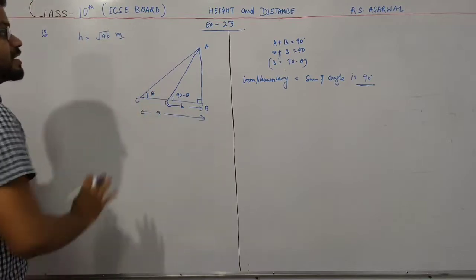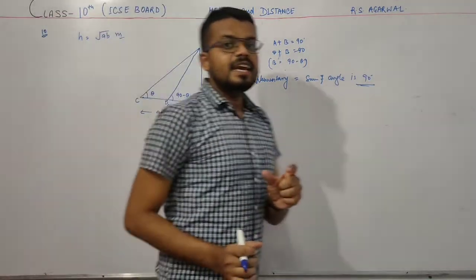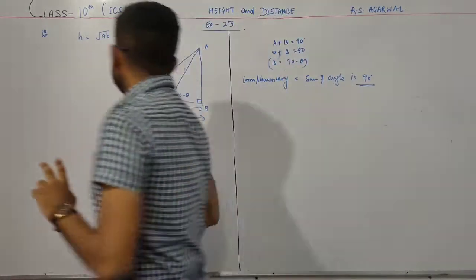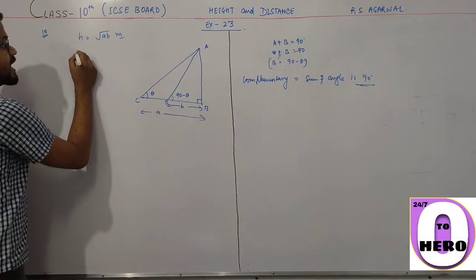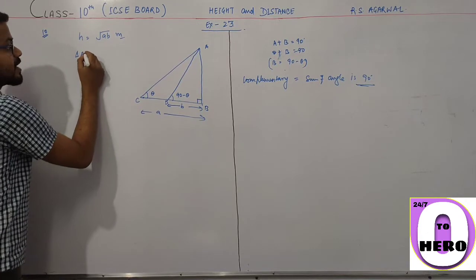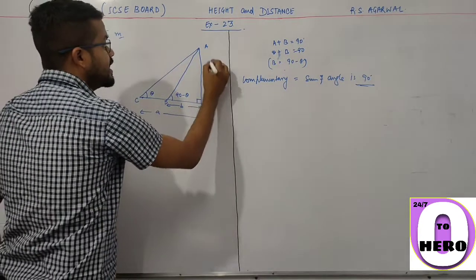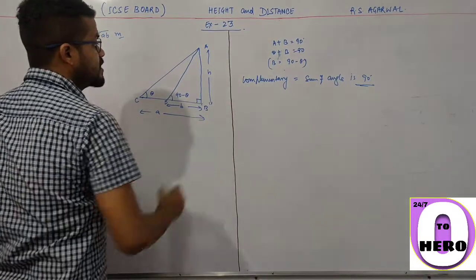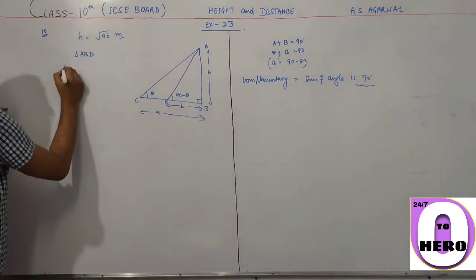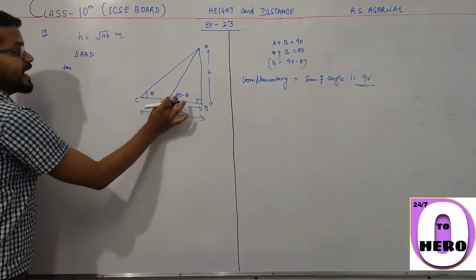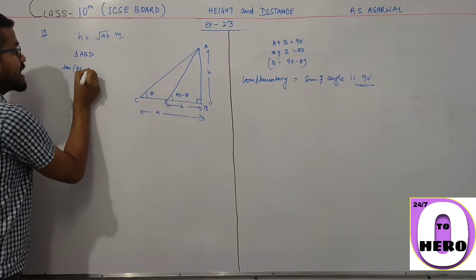In trigonometry we always take the right angle triangle. So here the first right angle triangle is triangle ABD. This is height h of this tower. So tan, I use here which trigonometric ratio? Tan, and the angle is 90 minus theta.